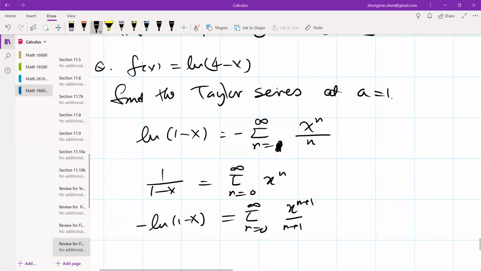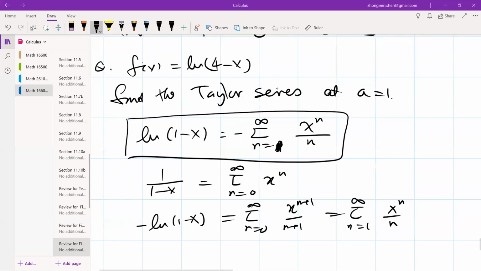Because I put a negative sign to the other side, I get that. n starts from 1. So technically, I only memorize one geometric series. I can get another one. Yeah, you have to know this. Otherwise, you cannot do the problem.